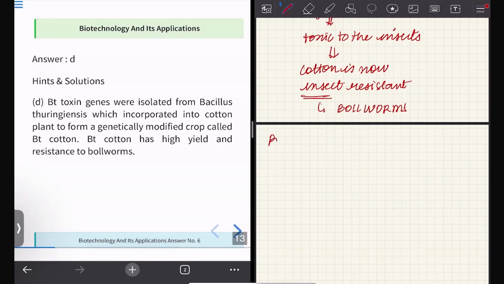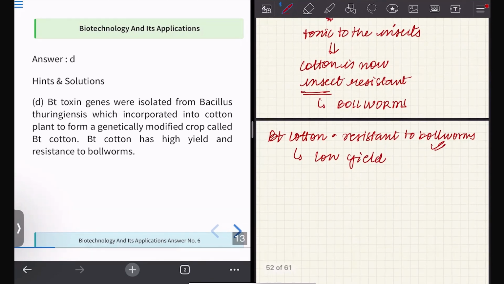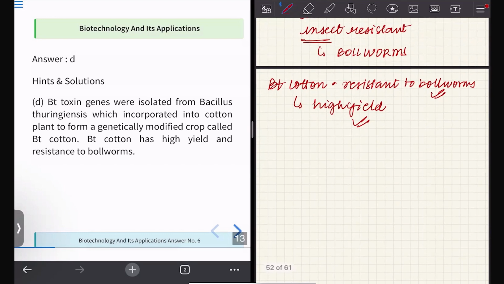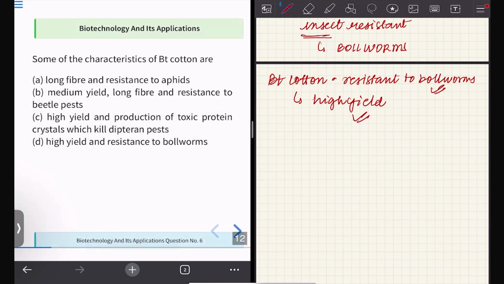BT cotton is resistant to bollworm, and it also has high yield. So both the benefits are incorporated into a single species. BT cotton is now widely used. So the option D: high yield and resistant to bollworms.